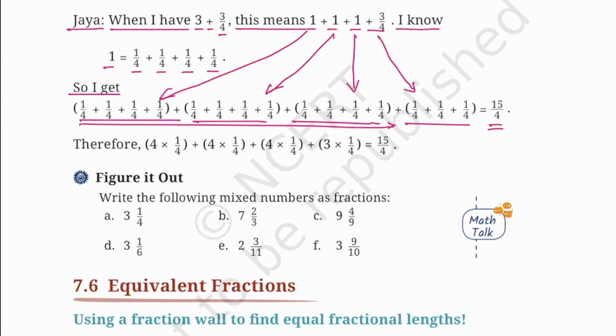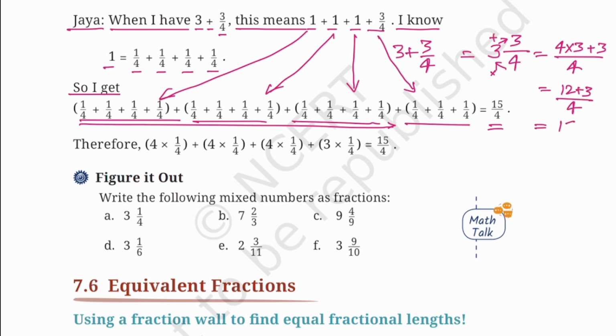Another way of doing that, a mixed fraction such as 3 whole 3 by 4 or 3 plus 3 upon 4, just multiply the denominator to the whole part of the mixed fraction and add the numerator, that is 4 into 3 plus 3 upon 4, 12 plus 3 upon 4 or 15 upon 4.